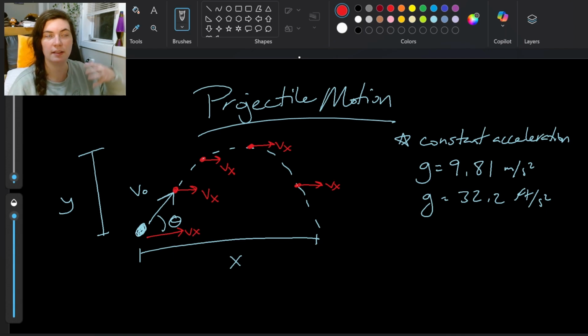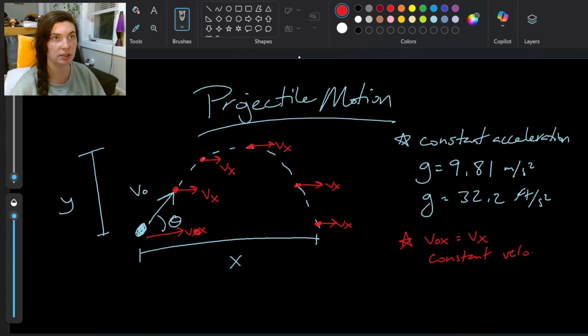There's no extra force behind it. There's no extra acceleration. So it's only that initial velocity that it was given, v naught x, is the same as Vx. So this is the other special condition for projectile motion, is that your initial velocity for x is your velocity for x everywhere. We have constant velocity in the x direction. So constant acceleration for our y, no acceleration in our x, and then we have a constant velocity for our x direction.